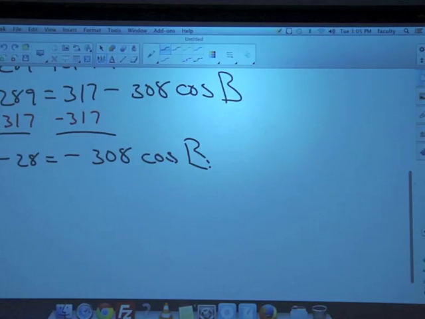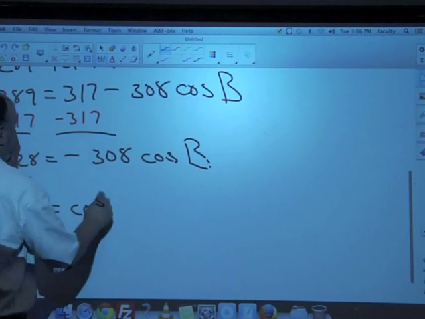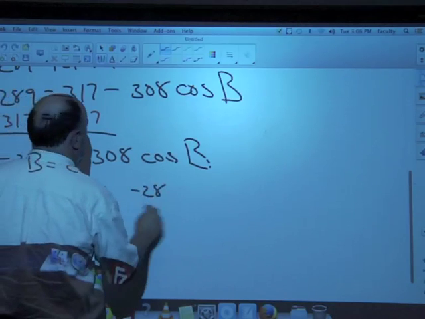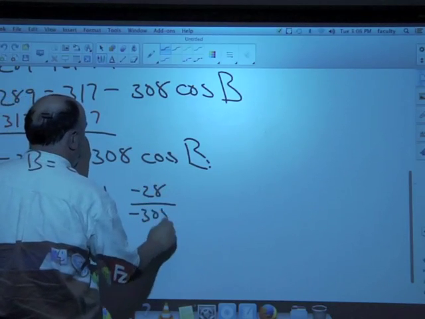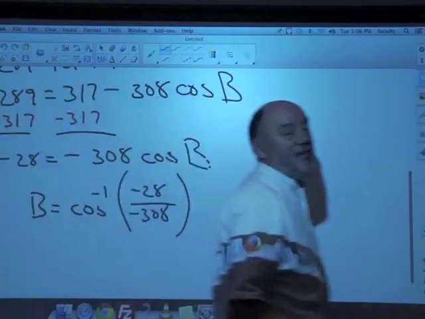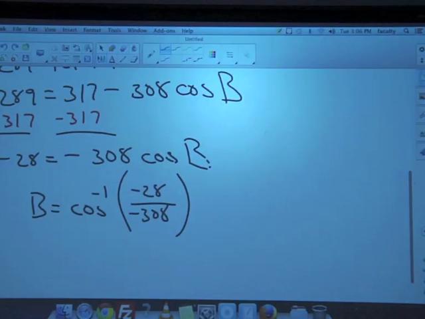So we get that. Next step would be to divide and take the inverse cosine. So angle B is going to be the inverse cosine of negative 28 over negative 308. If you want, you could just drop the negatives, because after all, a negative over a negative is a positive.